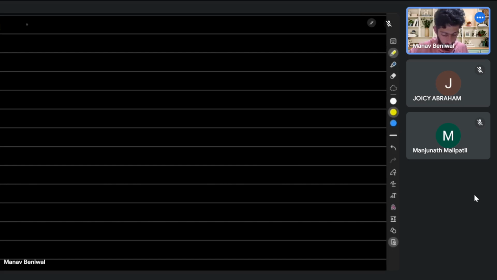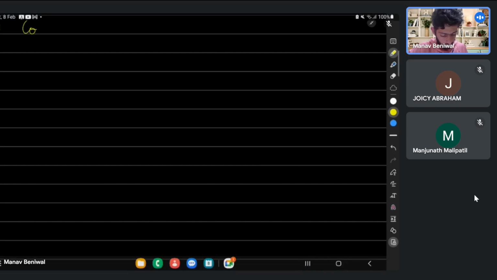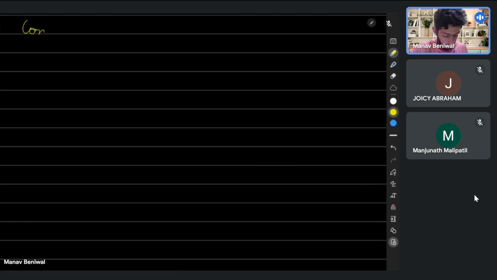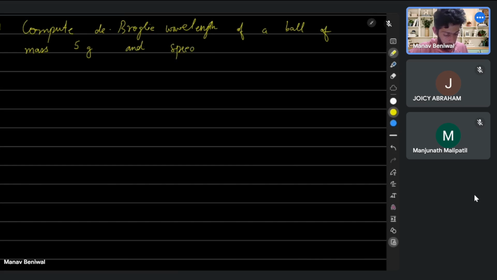So the next one is: compute the de Broglie wavelength of a ball of mass 5 grams and speed 2 meters per second.